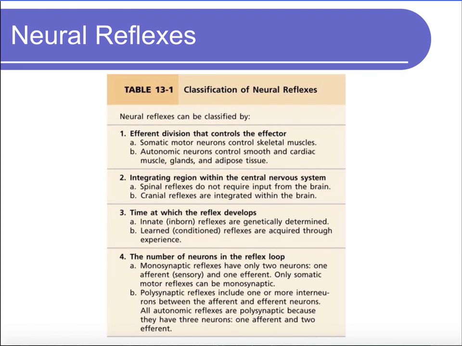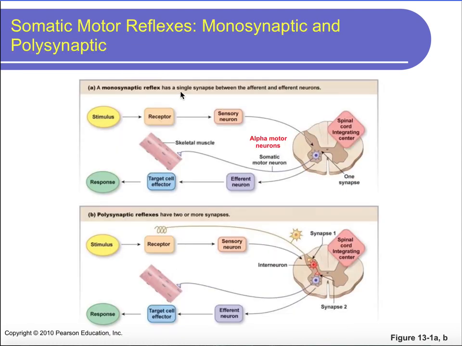So let's take a look at some examples. So here's our first example. We have a stimulus that activated a receptor, and then the sensory neuron is bringing that information into the spinal cord. Then the sensory neuron is synapsing onto a somatic motor neuron, which is going right back out, so that's our efferent fiber, and stimulating our skeletal muscle. So we could classify this as a somatic reflex because it involves our somatic motor neuron in the efferent division.